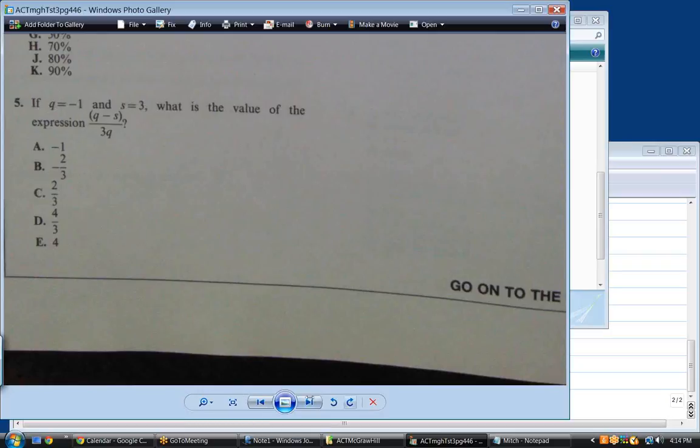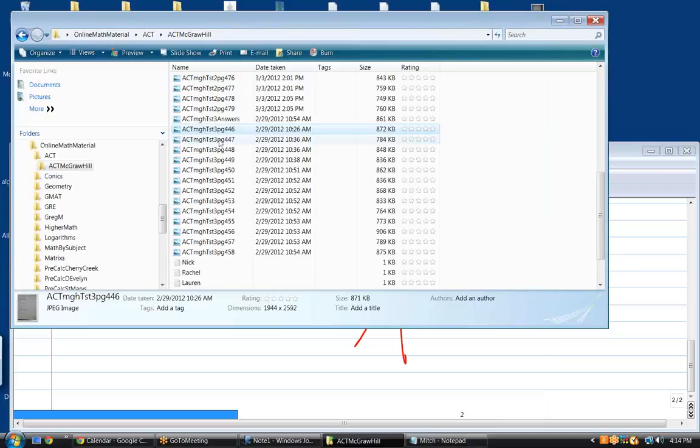About number 5. It'd be D. Very good. That one was a little tricky, actually.